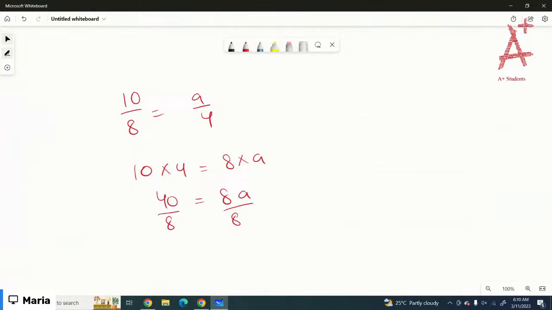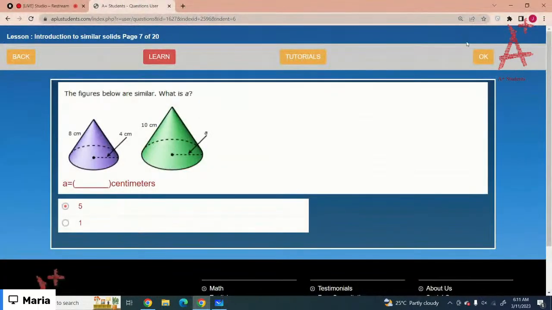Divide both sides by 8. So 8 times 5 is 40. So that means A equals 5. Got it? So the correct option is A equals 5. So just select the correct option and click on the OK button.